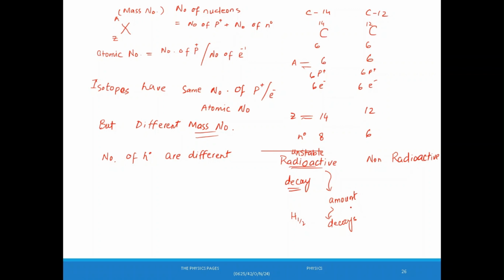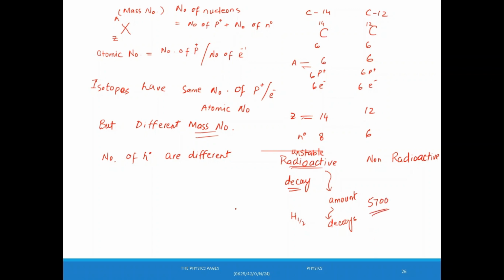So carbon 14, being unstable and radioactive, decays, and takes 5,700 years to become half of the original amount.